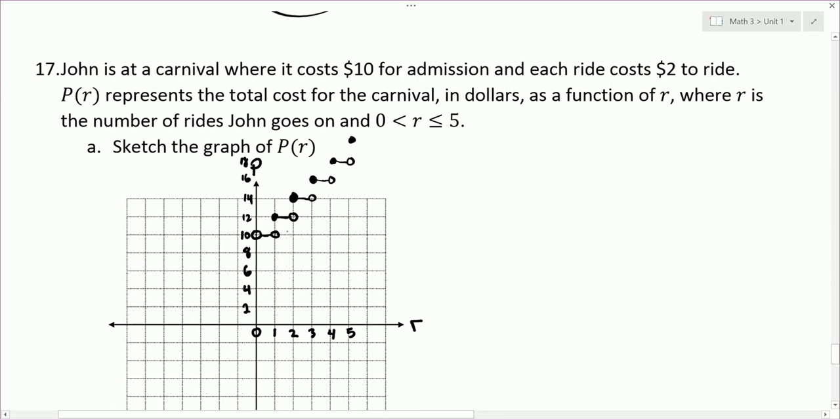So we have 1, 2, 3, 4, 5, 6 individual pieces, and so here's what our piecewise function will look like. P of R is equal to $10 between 0 and 1.